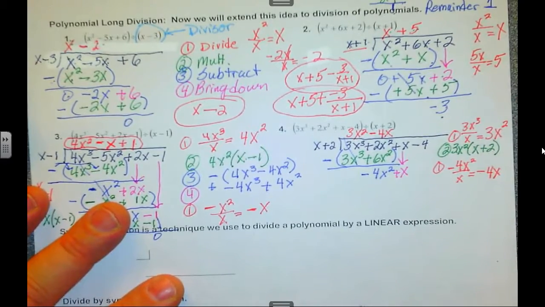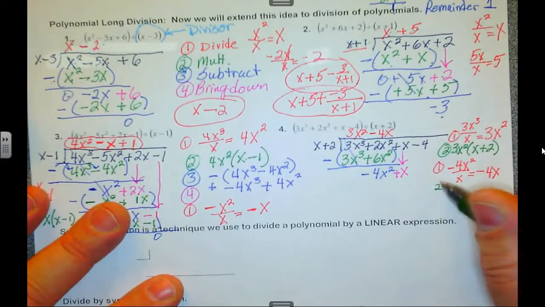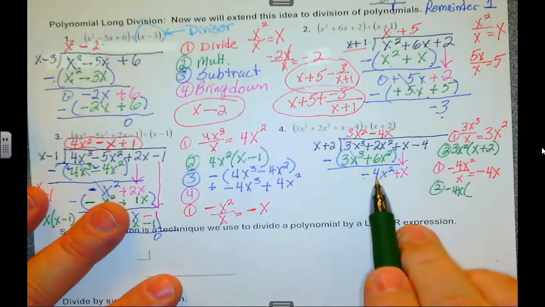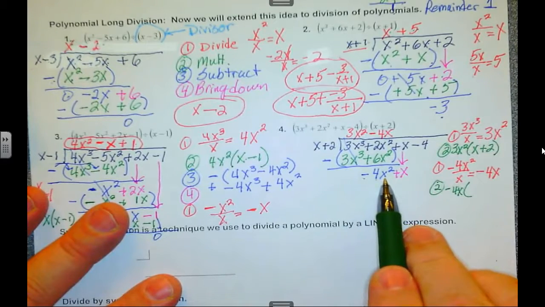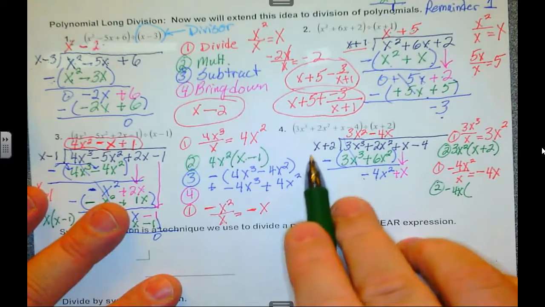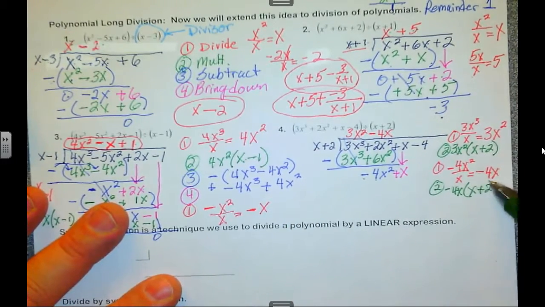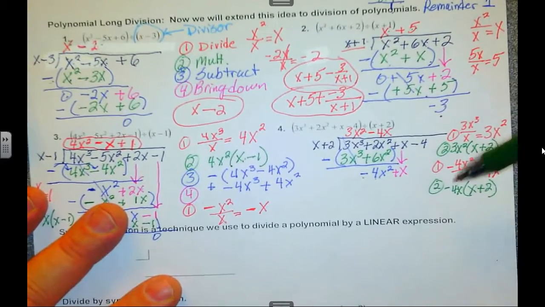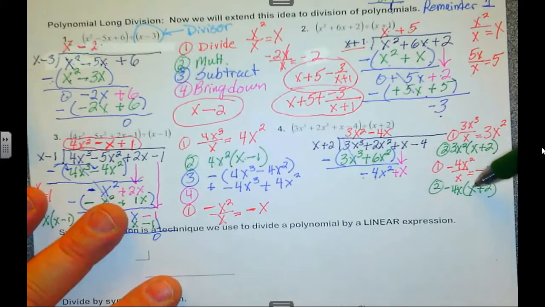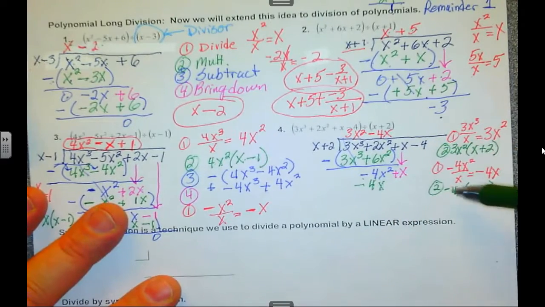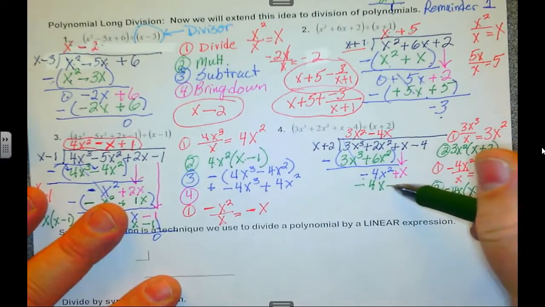Okay, multiply. I'm going to take my negative 4x, multiply by the divisor x plus 2. Now multiply. Negative 4x times x. Negative 4x times 2.